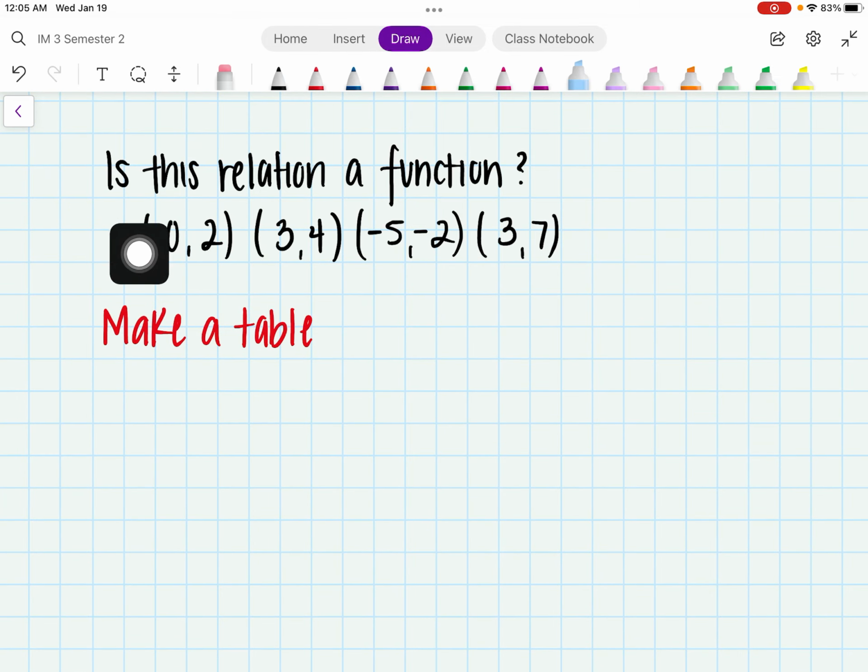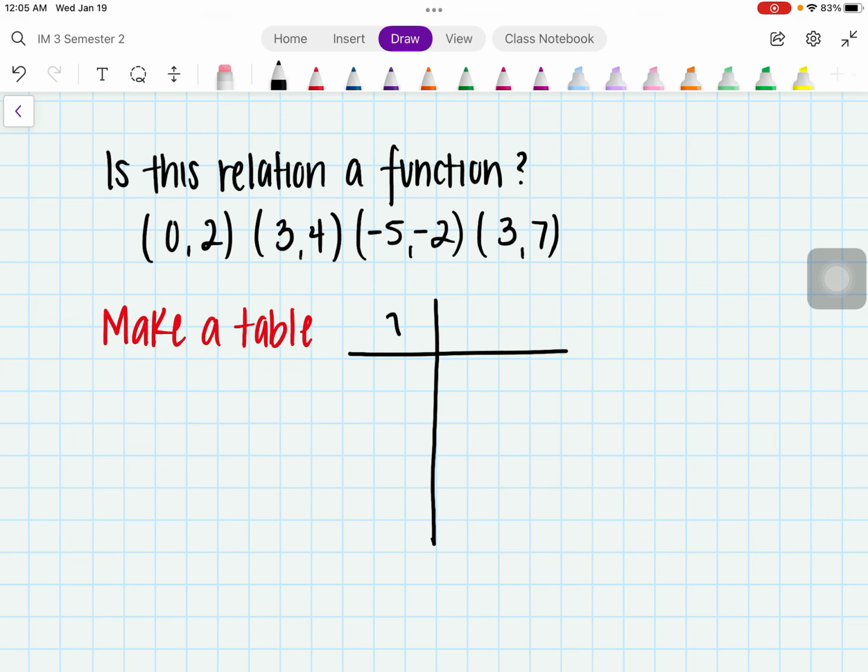So, let's go ahead and get started here, starting off with these points. I want to determine whether these points, (0, 2), (3, 4), (-5, -2), and (3, 7), are a function. In order for us to determine if this is a function, we're going to make a table. I have x and then I have y.